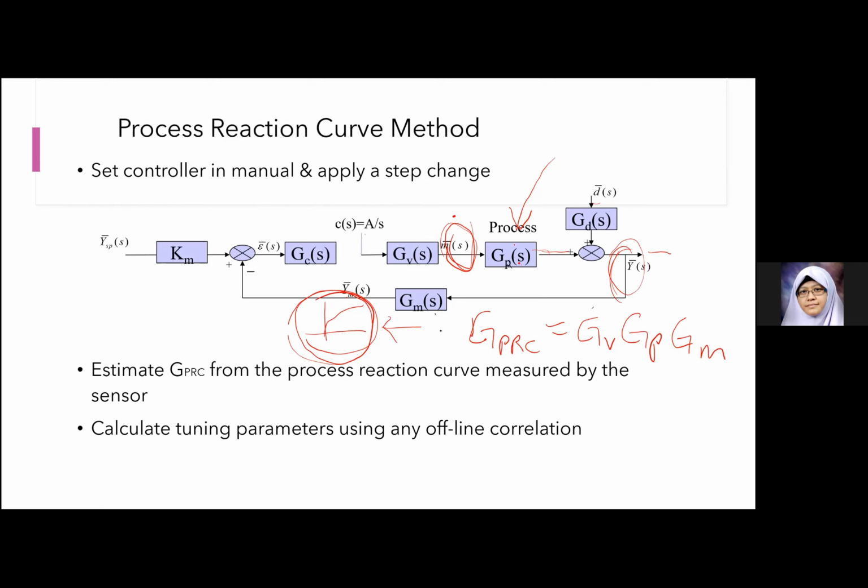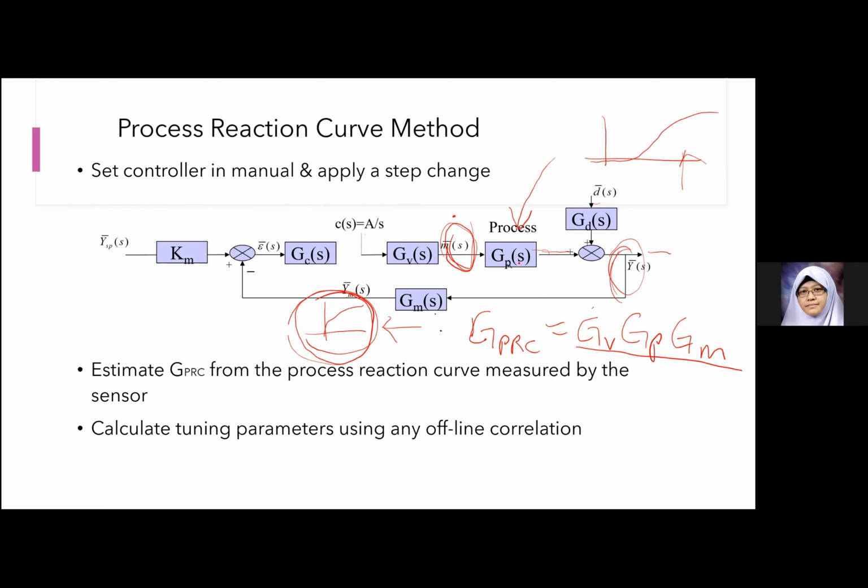So when you get a process reaction curve, let's say you get a first order plus dead time curve, you need to know whether it is from a simulation or if it's from an actual plant. If it's from an actual plant, then this is the transfer function that you are looking at when you estimate the curve.